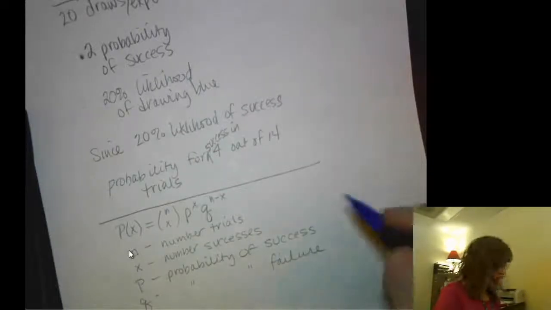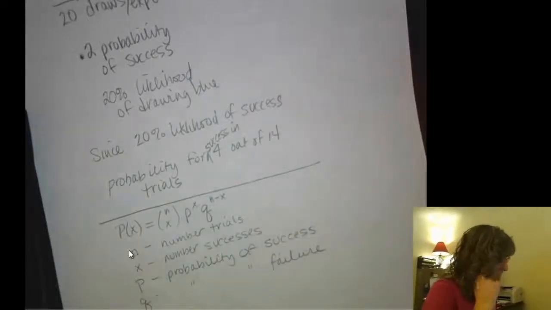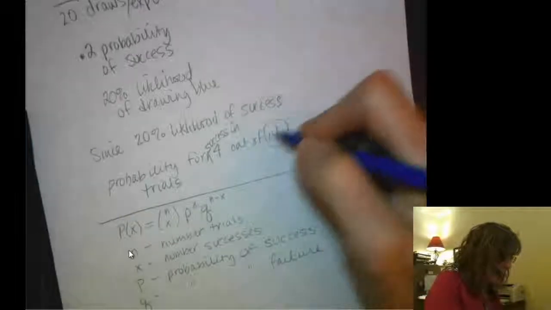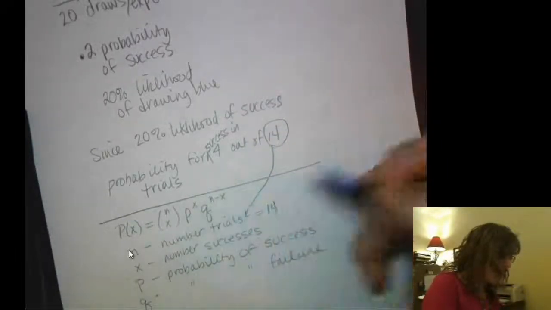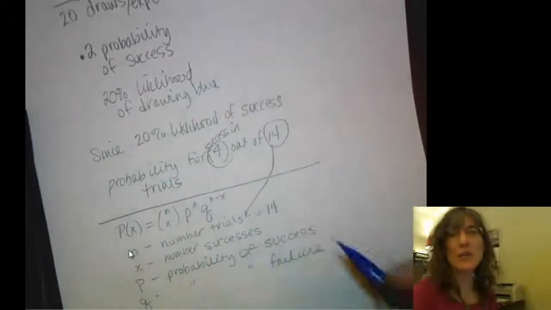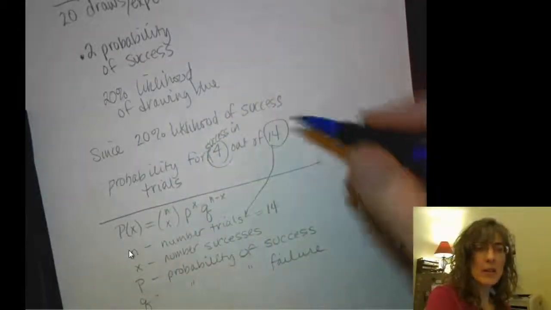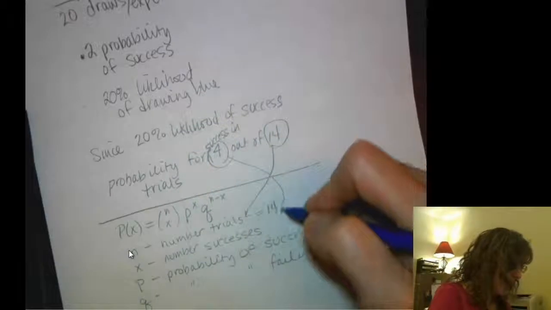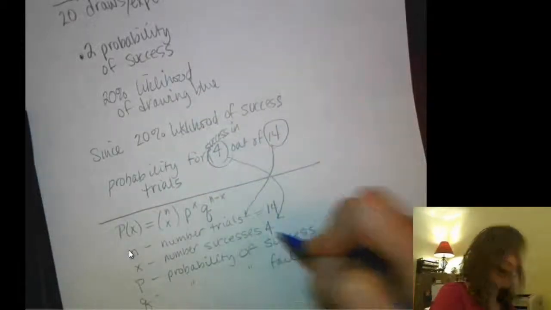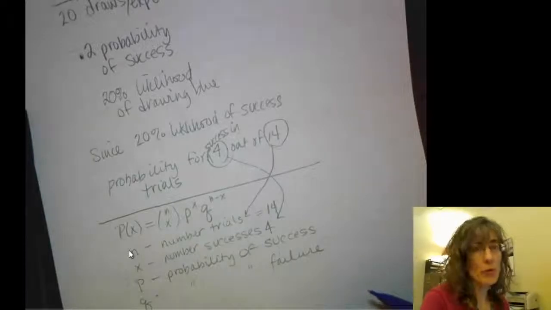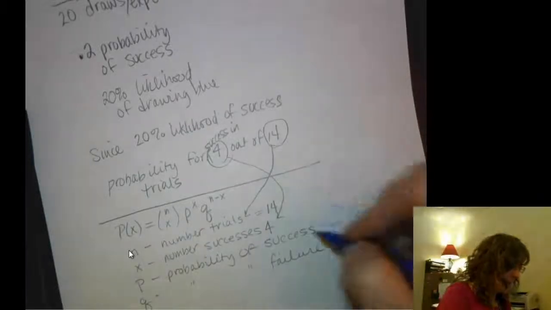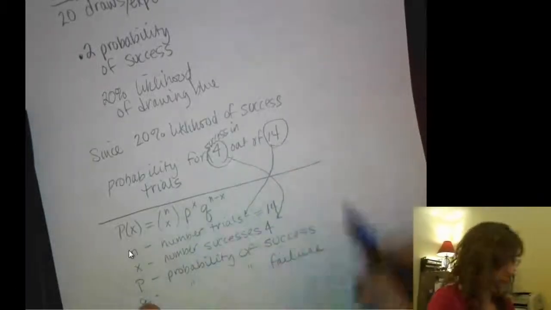Now we know what all these values are because we know n, the number of trials, is from our question, so it's going to be 14. And the x, because we had a low likelihood of success, we're using the 4. And if you have greater than 30% success, then remember you'll use 12 in your experiment for your probability calculation.